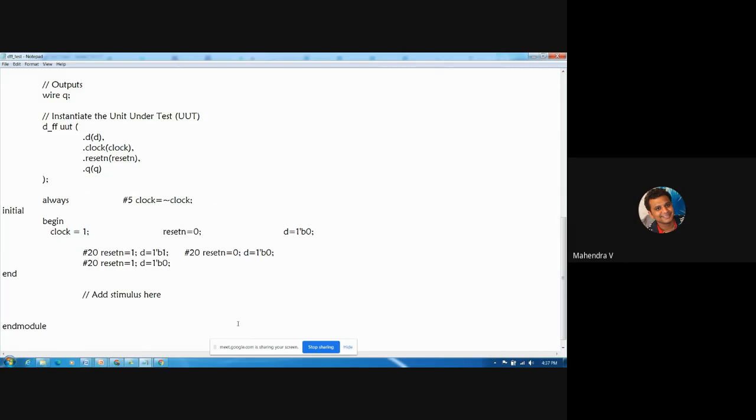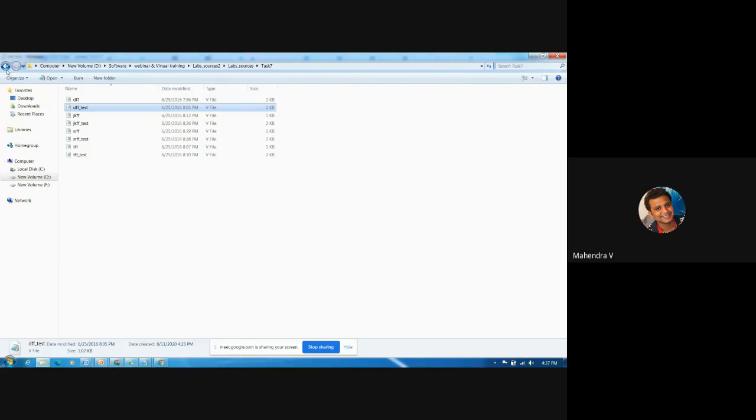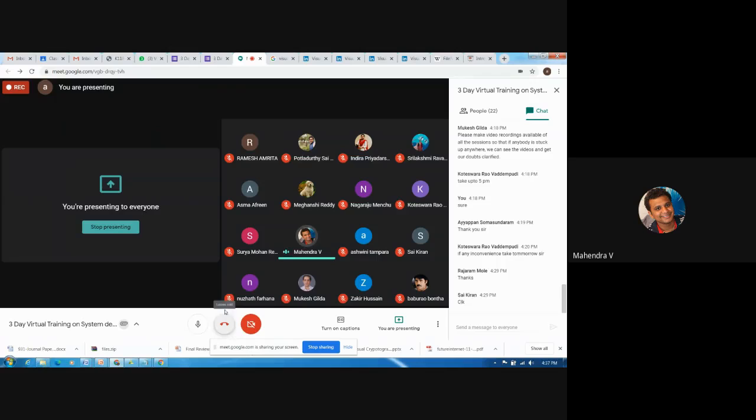That knowledge will help you understand these files. Take the time, go through all the files and simulate all the 15 tasks I am giving you. If you face any problem while simulating, just post, and I will help you out. If you complete all the 15 tasks, you will get enough knowledge to demonstrate your Verilog HDL skills.